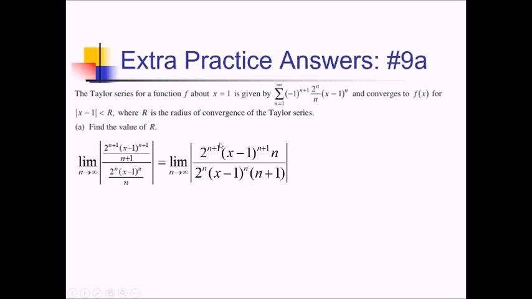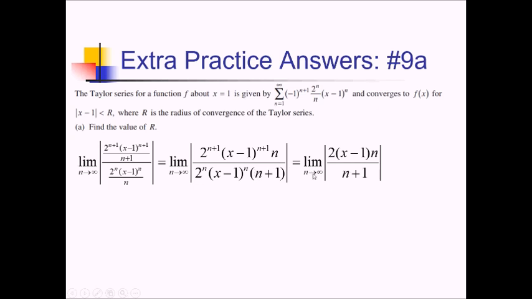I can reduce these 2's to give me just a 2 in the numerator. Same thing with these x minus 1's. I'm going to reduce these to have just a single x minus 1 to the first power in the numerator. So upstairs then I've got a 2, I've got an x minus 1, and I've still got this n hanging around. Downstairs, the only thing left over is going to be the n plus 1.